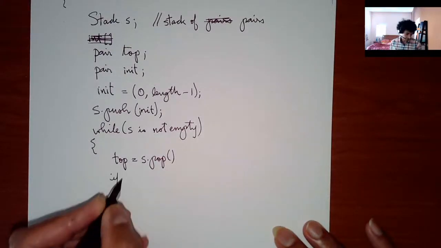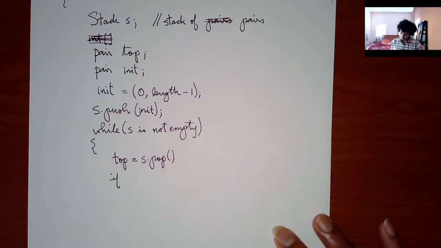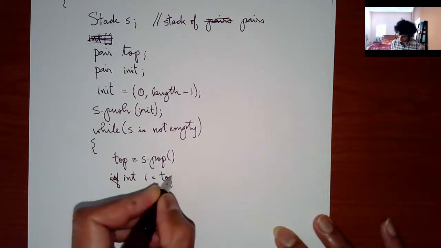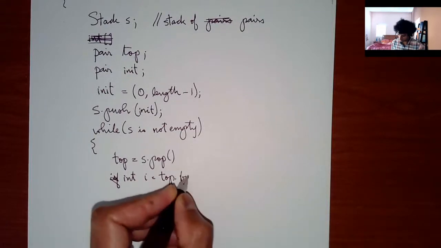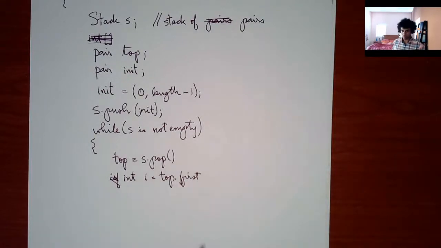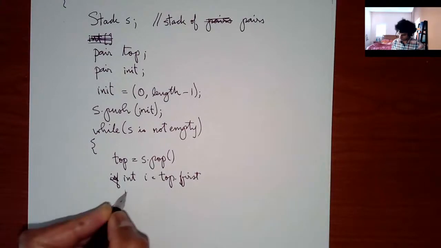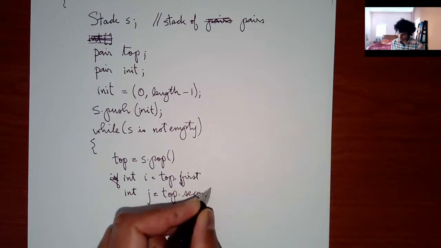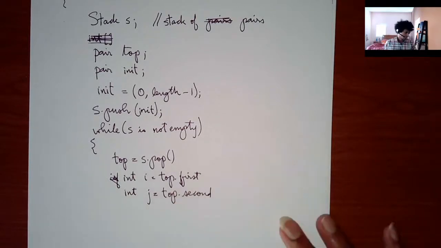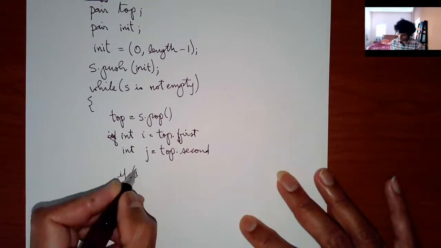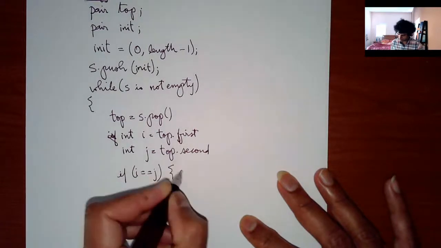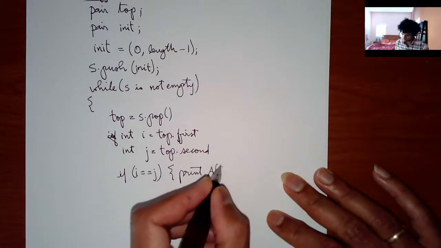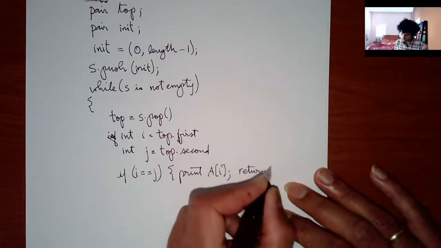Let me define an int i as the first element in the pair, and int j as the second element of the pair. If i is equal to j, then you print A[i] and return. This was the base case.